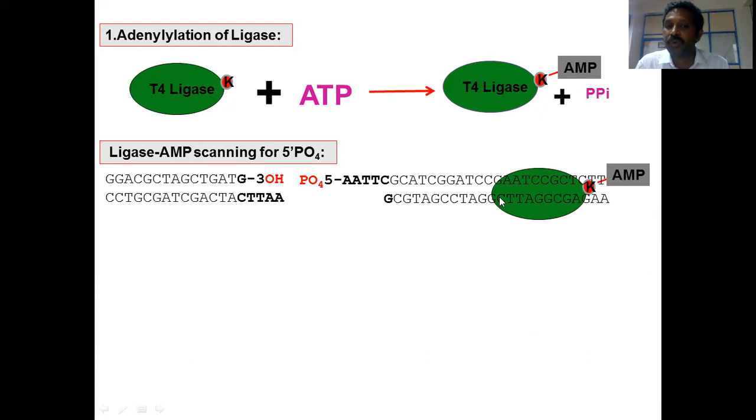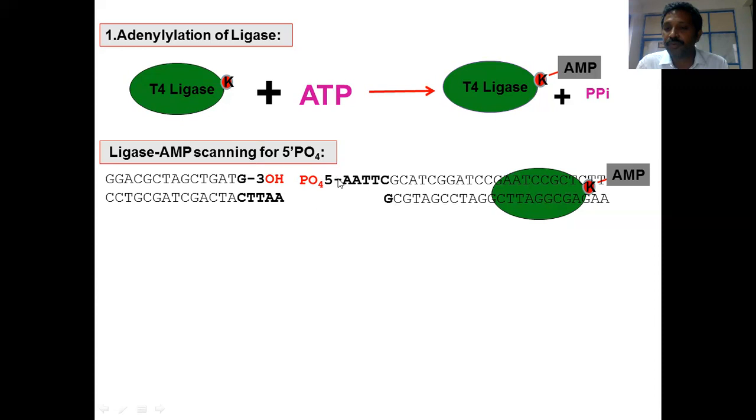Once it reaches the 5' phosphate containing end, then it forms the stable complex there itself. When it is scanning, it forms a transient complex with the DNA. Whenever the adenylated ligase identifies the 5' phosphate termini of DNA, then there it forms the stable complex.